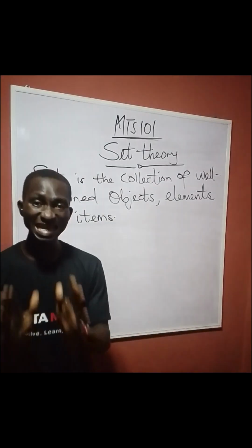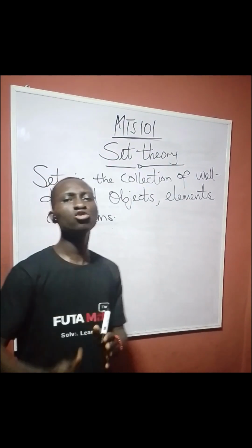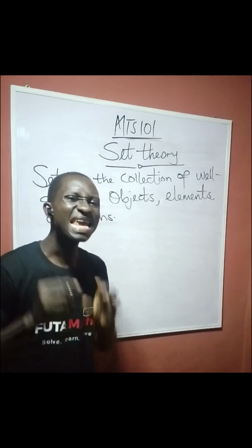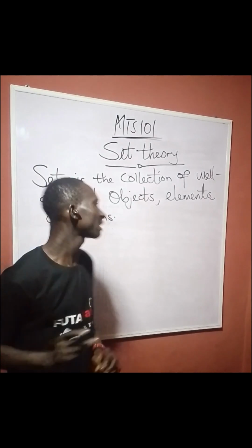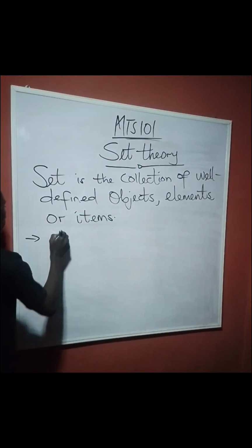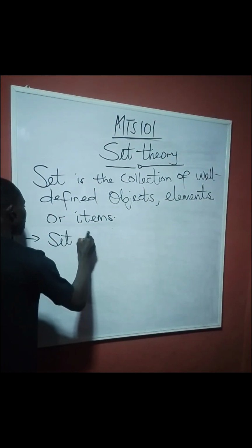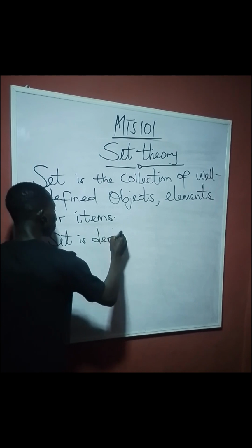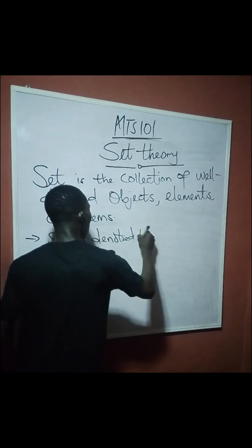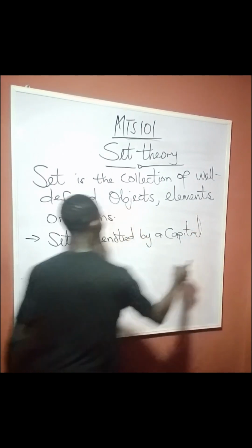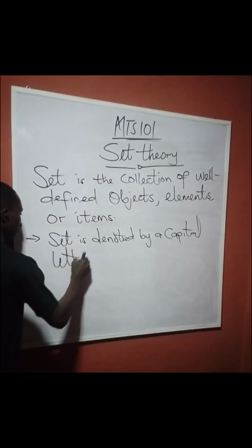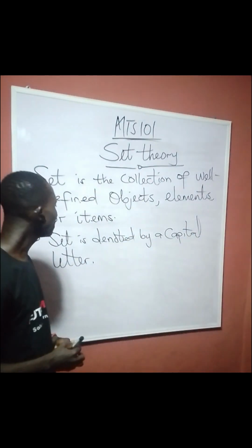Now there are basic things you have to understand about a set. A set is denoted by a capital letter. Note that. Now, what do I mean by set is denoted by a capital letter?